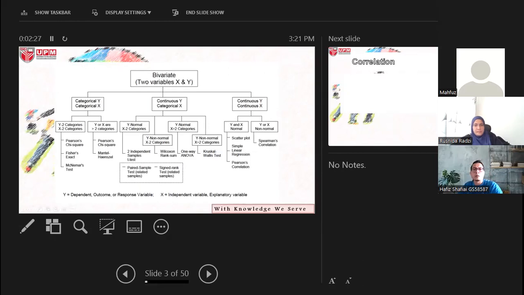Okay, at least you know that other than PPMC and Spearman rank order, there are also other correlation analyses that are possible for categorical variables.